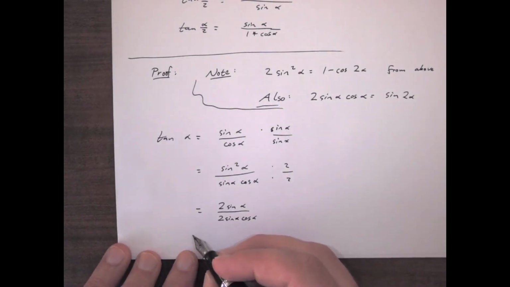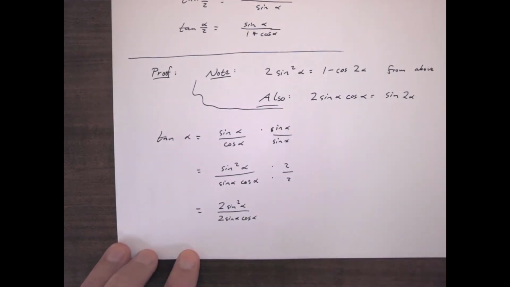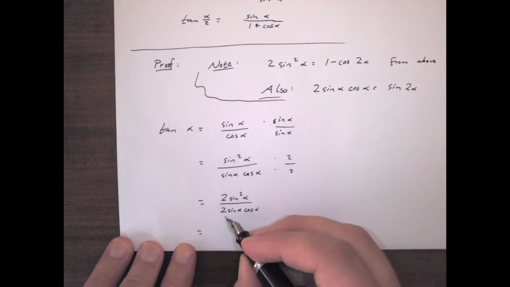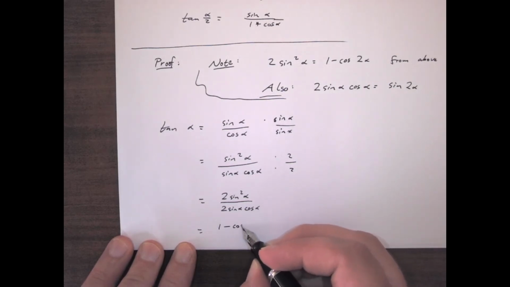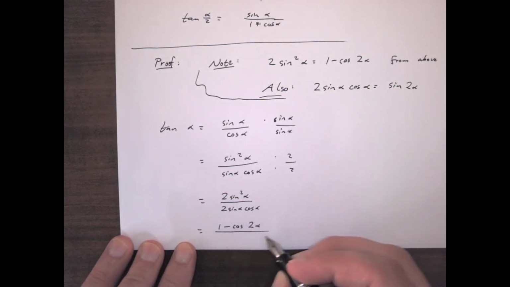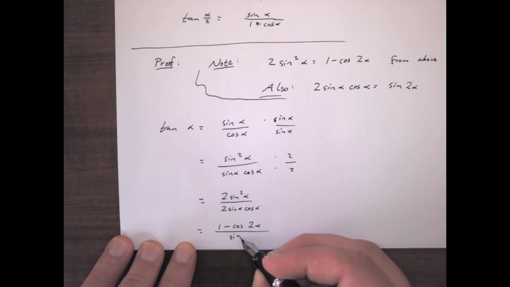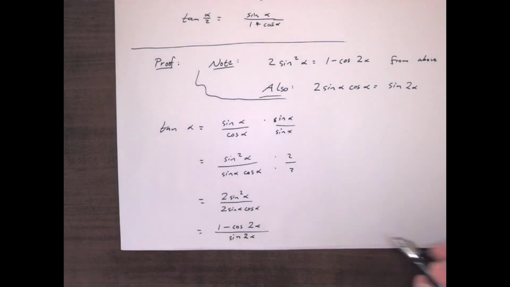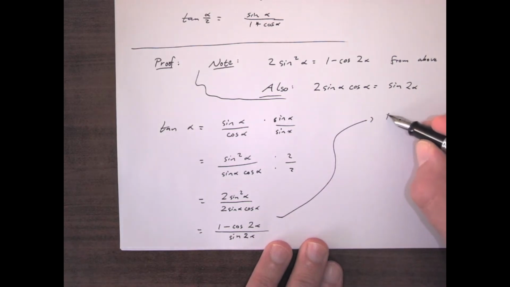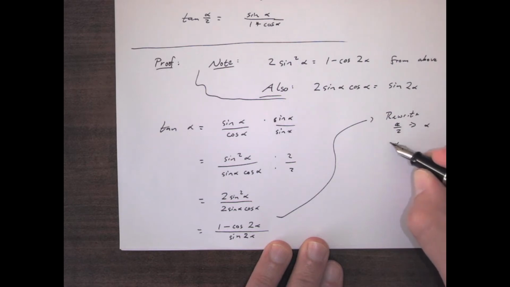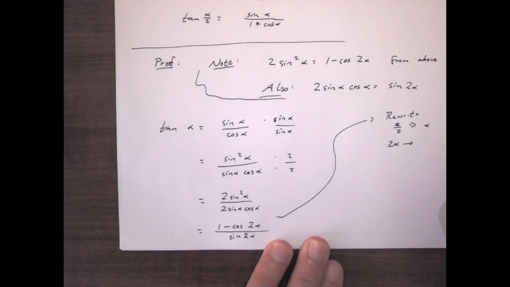And then if I substitute in those two things that I just noticed, it's 1 minus cosine 2 alpha over sine 2 alpha. And then here, if we rewrite, sorry, I meant the other way.